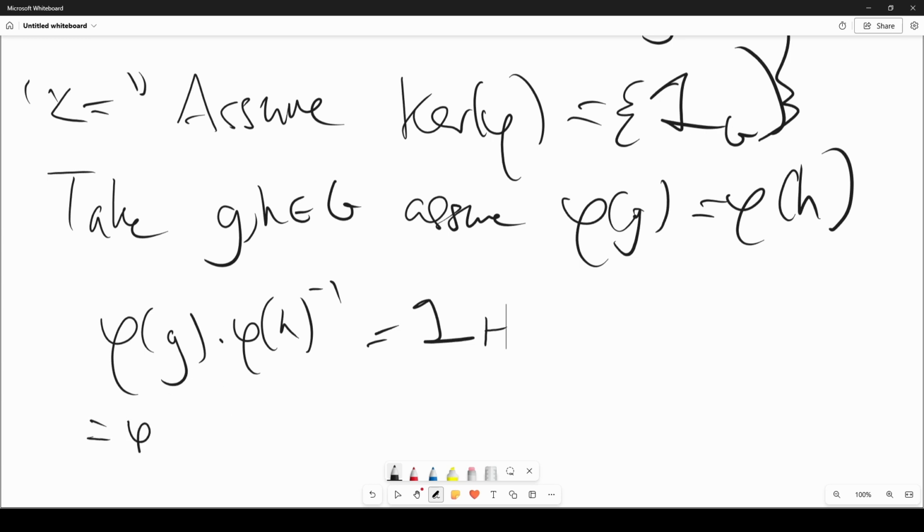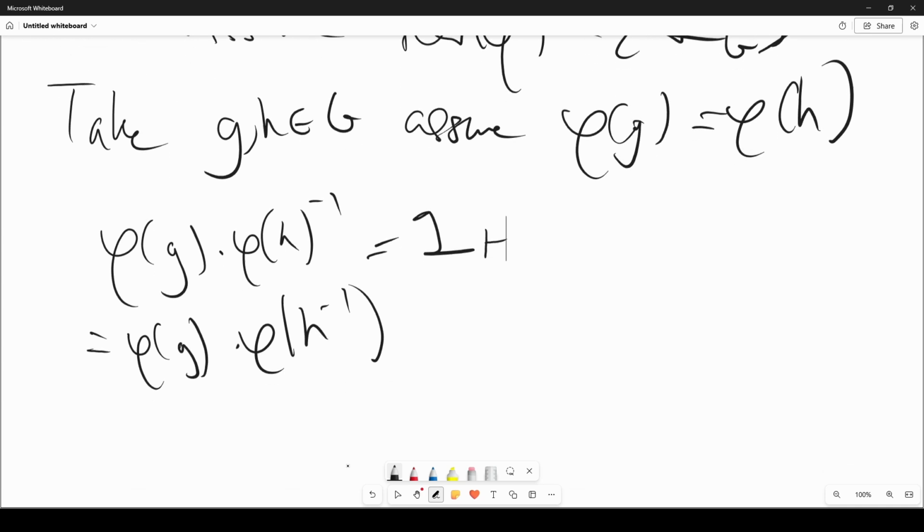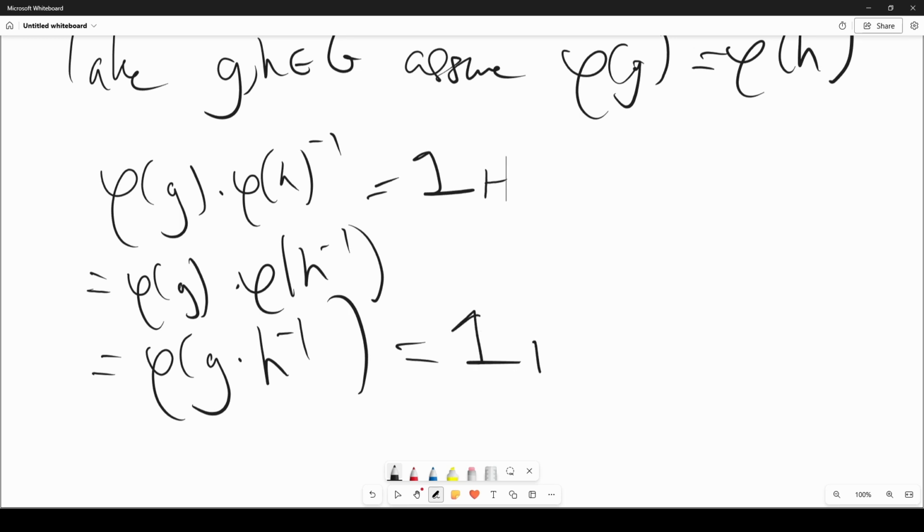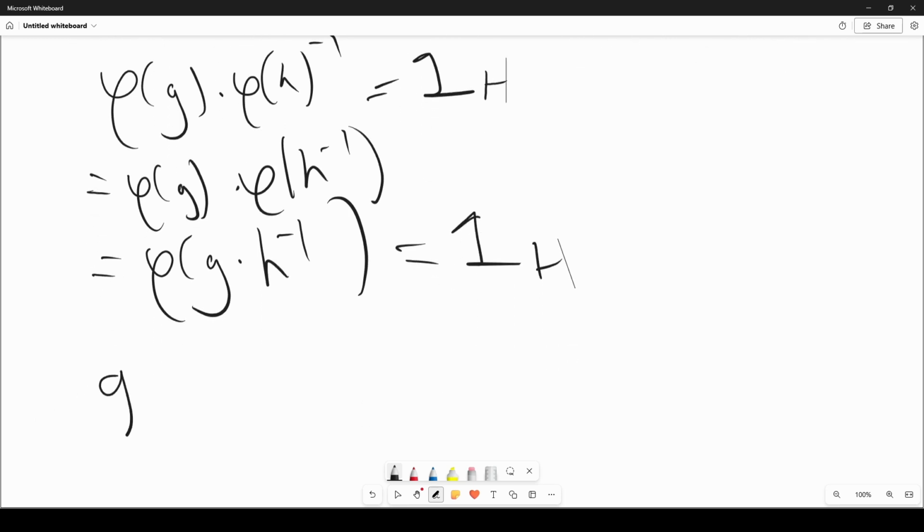Then I'm going to rewrite this as phi of G times phi of H inverse using the property we learned, which is the same as, by the homomorphism law, moving it inside, phi of G times H inverse, which means G times H inverse is in the kernel of phi.